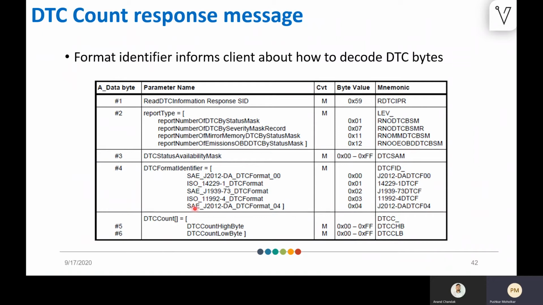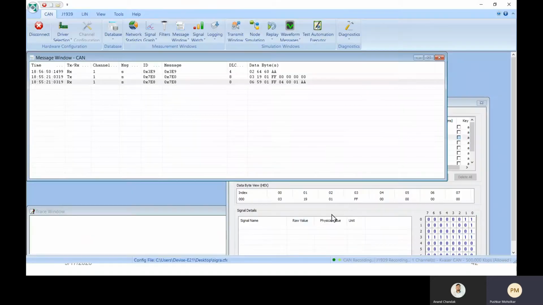That means SAE_J2012-DA. So this particular server follows the DTC formatting mentioned in this document, and then DTC count is shown at the byte location 5 and 6.